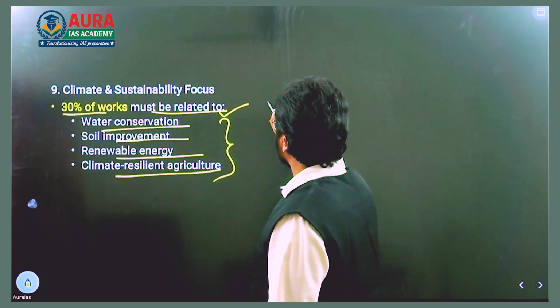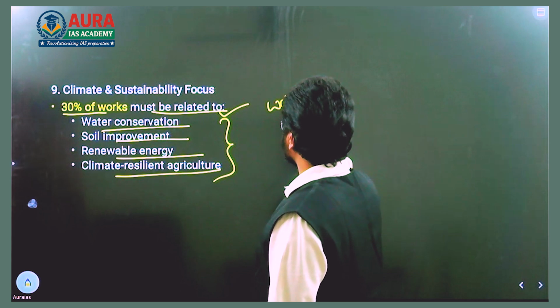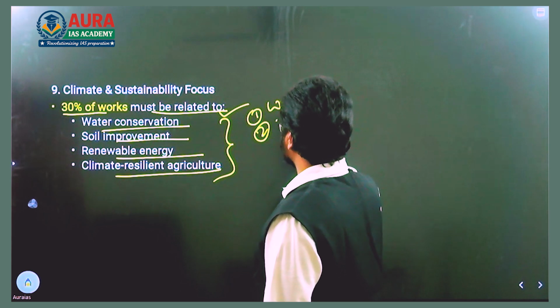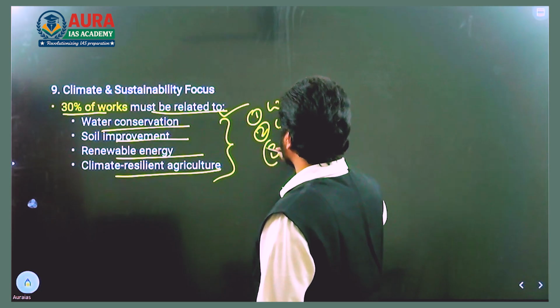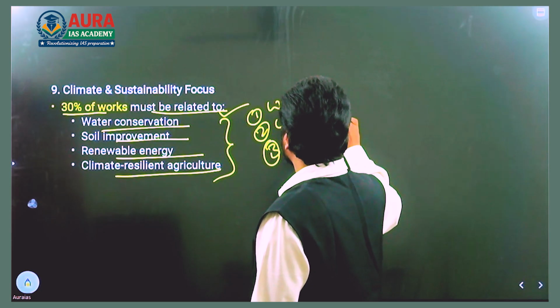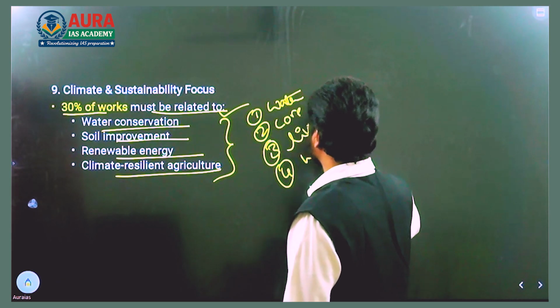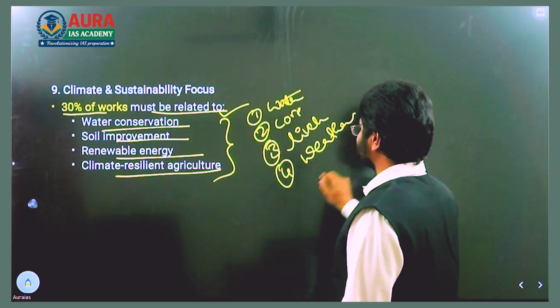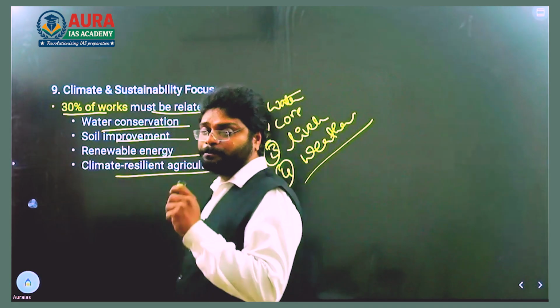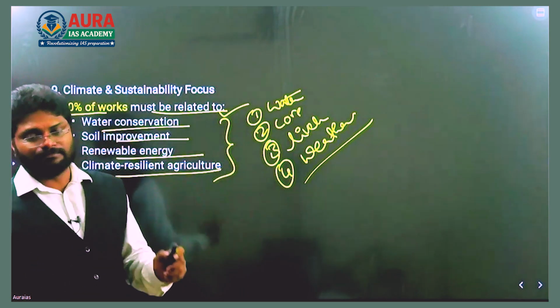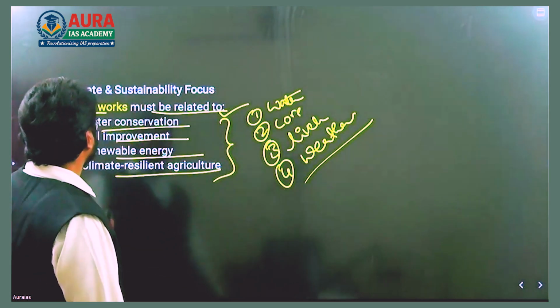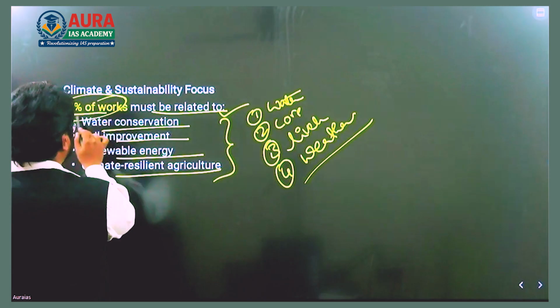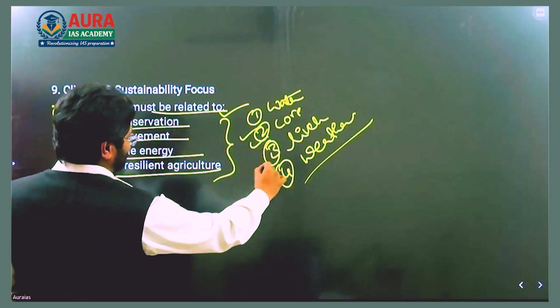First one is water conservation, core infrastructure, livelihood-related assets, and weather-based assets. These are all the four pillars of the VBG Ramji Act 2025. So 30% of works must be in these four categories.